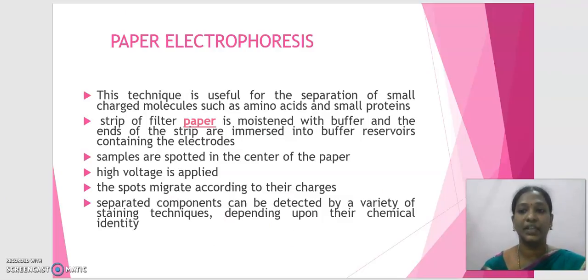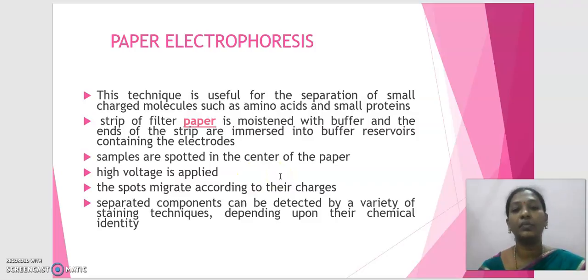This is a very simple technique usually used in laboratories for the separation of small charged molecules like amino acids and small proteins. As the name implies, we use a strip of filter paper that is moistened with buffer solution. The buffer varies according to the type of electrophoresis we use. The ends of the strip are immersed into buffer reservoirs containing the electrodes, and the samples are spotted at the center of the paper.